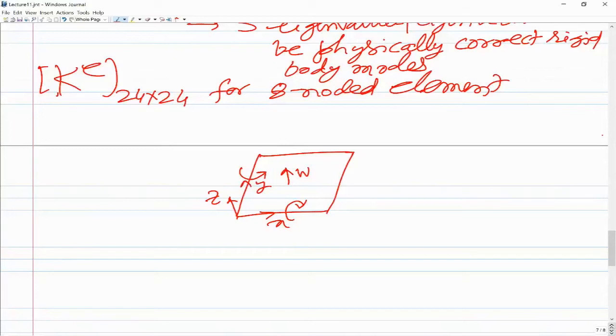Sir, one more thing, you told that if under integrated, it will predict accurate results for thin structures. How do we know this? Do we have something to compare with? Yes, when we do the analysis, you can compare with the exact analytical solutions.